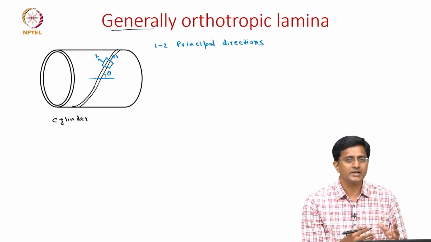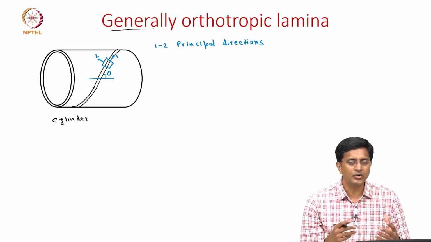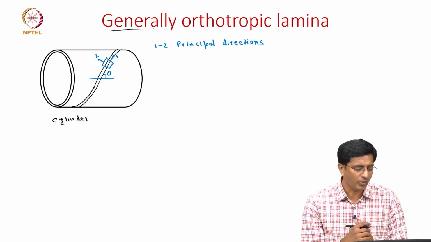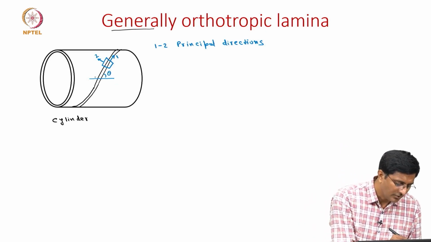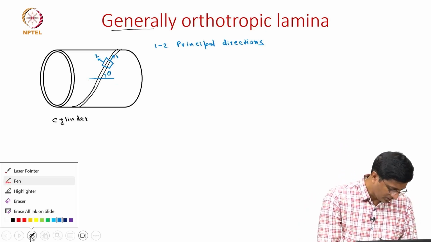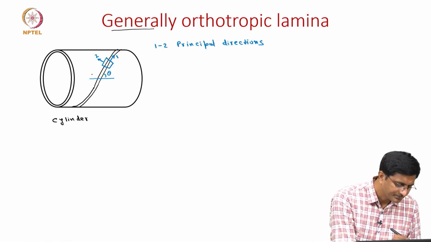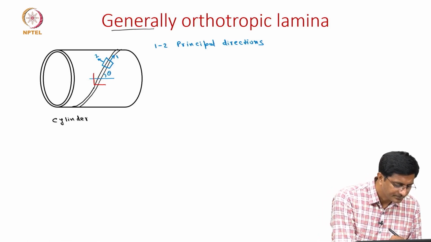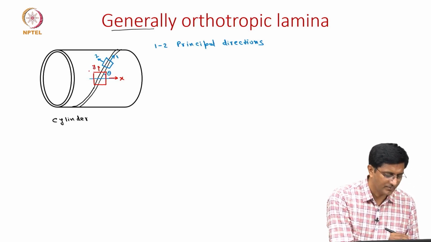But since we are looking at a cylinder, in general practice it is good to define another coordinate system which is more convenient to the body or the cylinder which we are looking at here. Meaning, let us say we define another coordinate system such as this, where the x axis is given as x and the vertical axis as y.